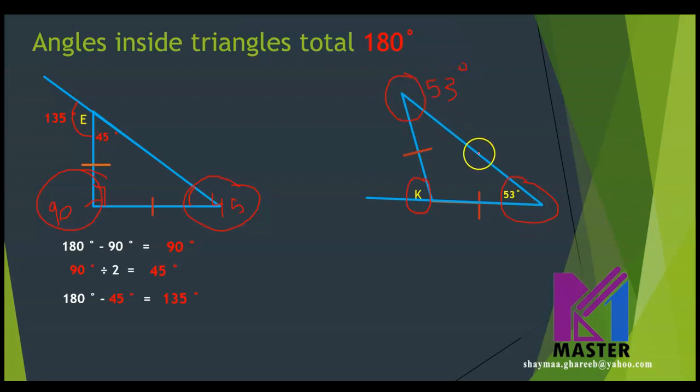If we know the two angles, 53, I can get the third angle of the triangle. This one here. So together, 53 plus 53 equals 106. Or you can subtract it from the 180 and then you find the third angle here, which is 74.